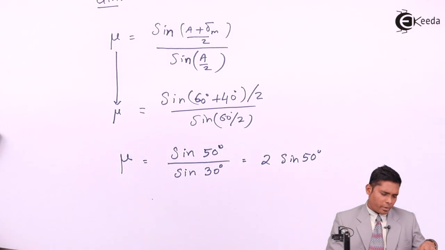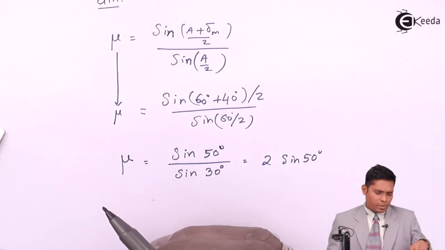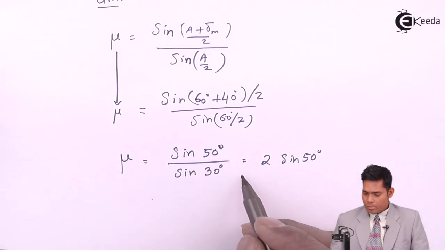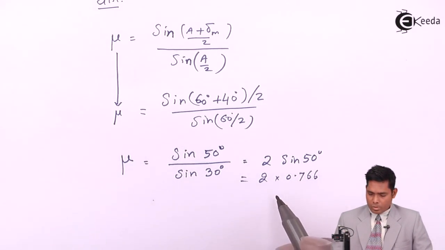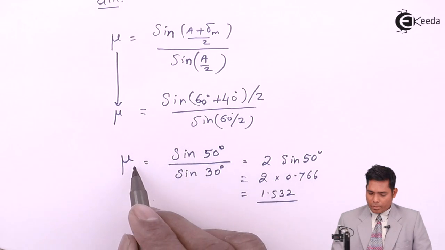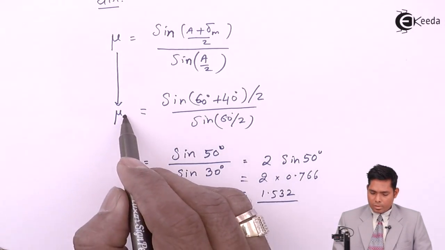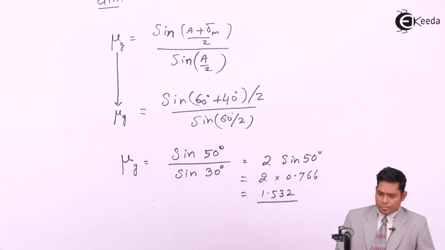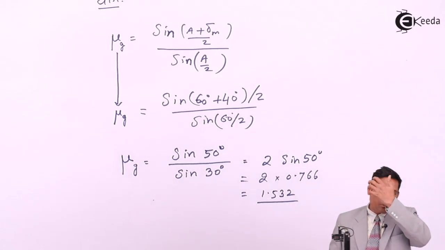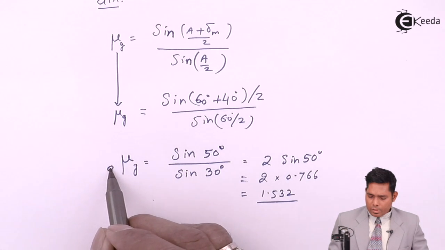Sine of 50 degree is 0.766. So this is 1.532. This is the refractive index of the glass, that is the material of the prism from which it is made up of. So the refractive index of glass with respect to air is this. This is the case.